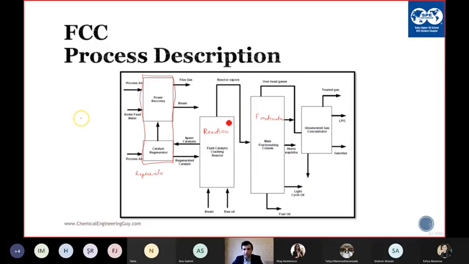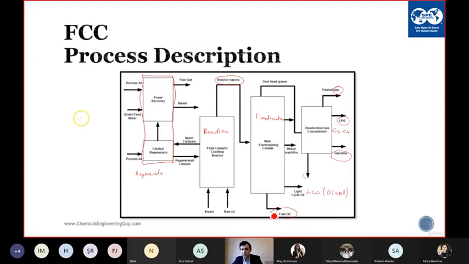We have the reaction here, and the reaction vapors are sent to the fractionator, where we separate the gas, LPG, what is LPG? C3, C4, gasoline, and I think this is the water, light cycle oil, LCO, this is the diesel product, and the fuel oil.